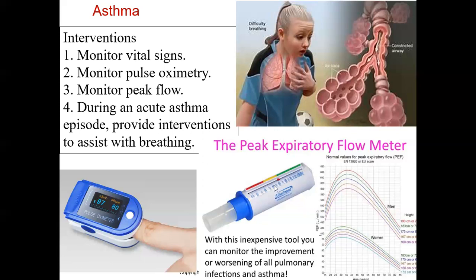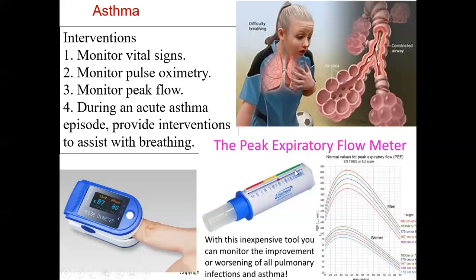If the marker comes in the red area, it means peak expiratory flow is less than 50% of personal best, and asthma is very severe and emergency care is needed.